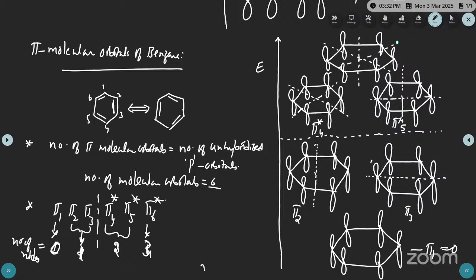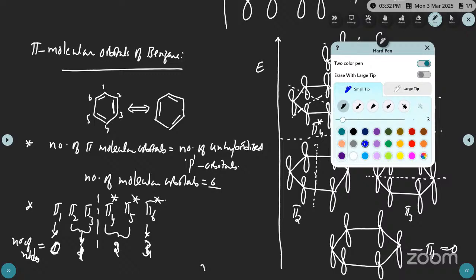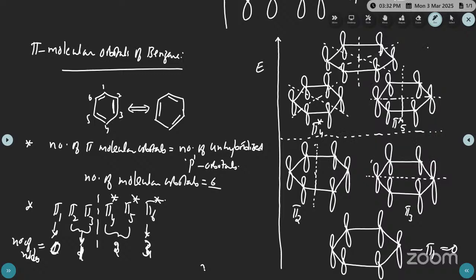Let's see. In this pi 1, how many nodes? 0 nodes.